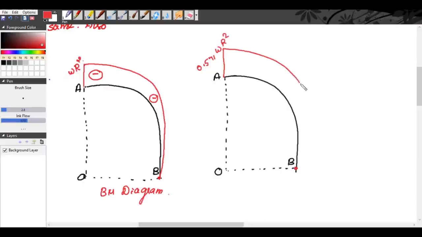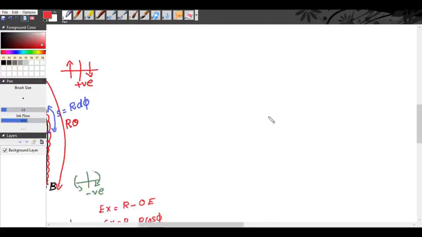Everywhere it is negative, right? So it is negative everywhere. So this is your torsional moment diagram.